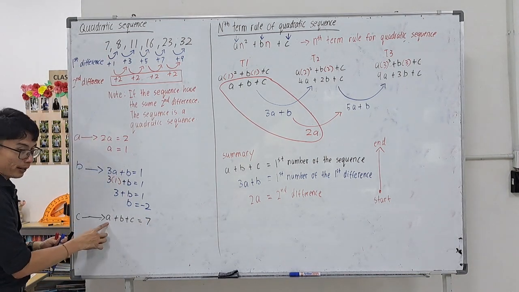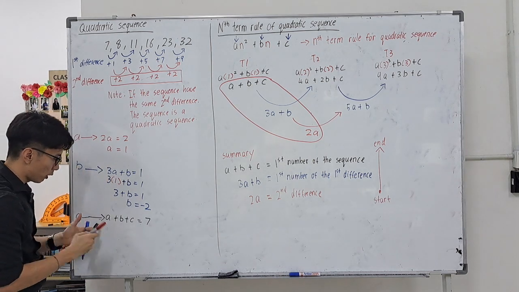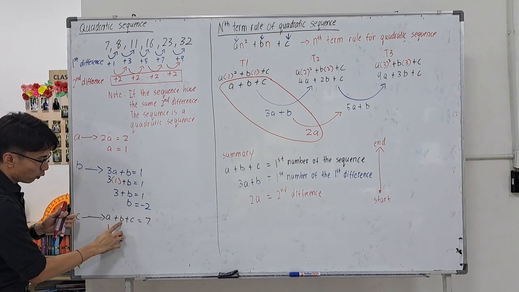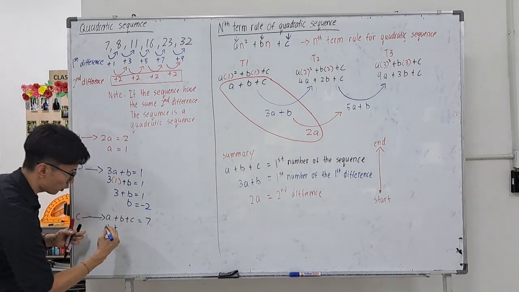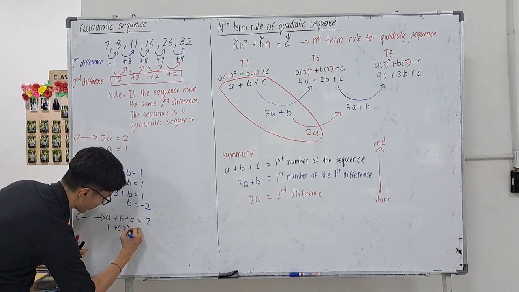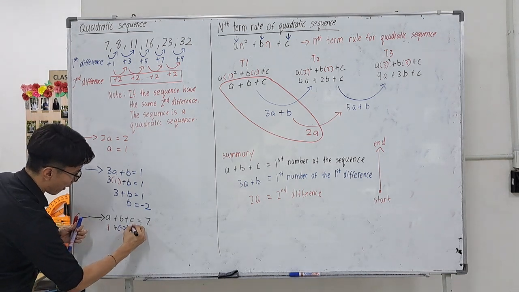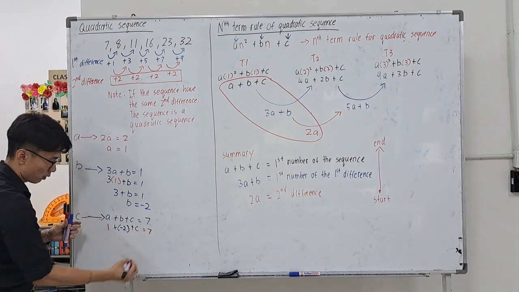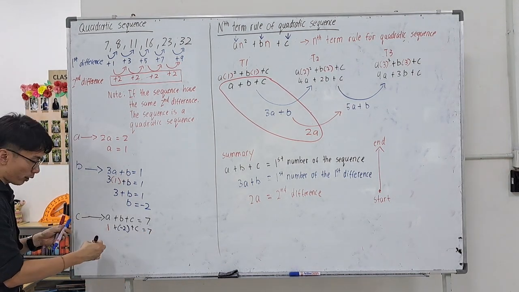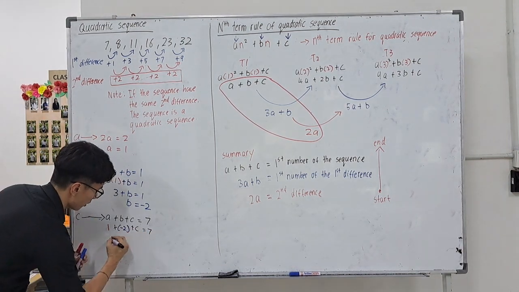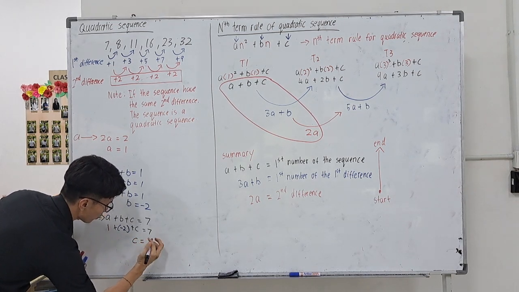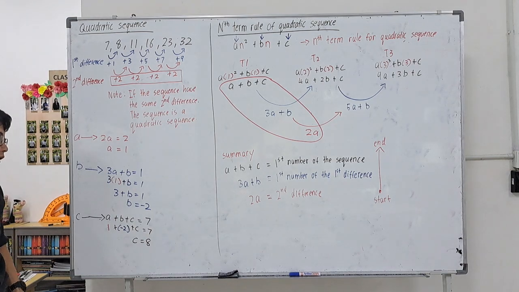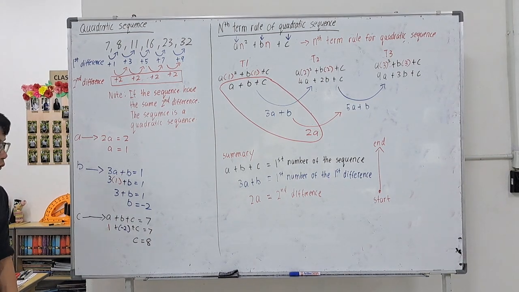So I already know my A is 1, so I'm just going to replace 1 over here. Plus, I know my B, which is negative 2, so I will put negative 2 over there. And then I'm interested to know my C, and that's going to equal 7. Now we can work this out very quickly, and you should get C is equal to 8.